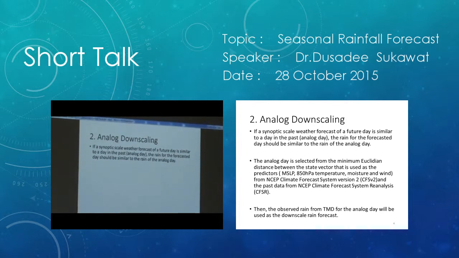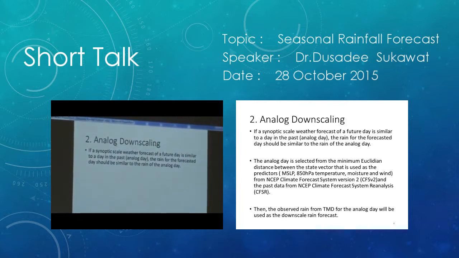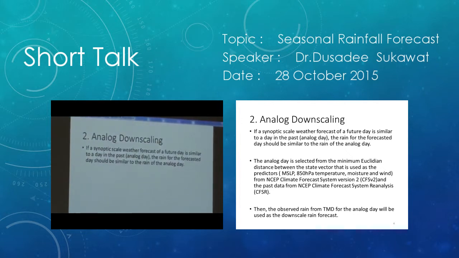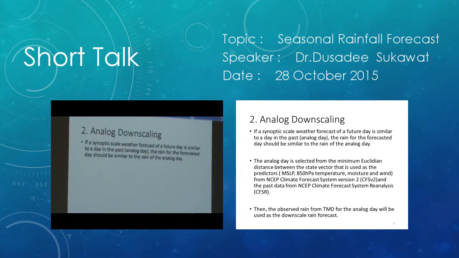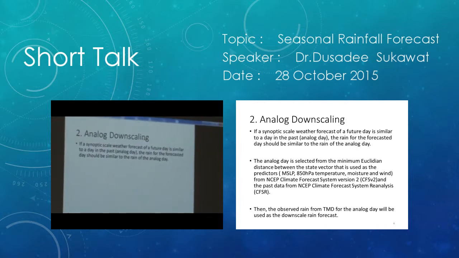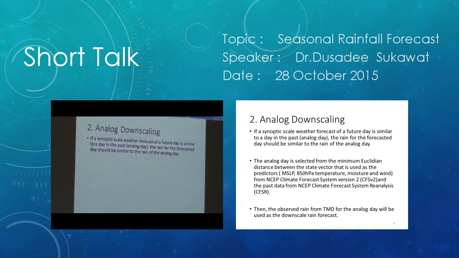It happens and then it stops, unlike temperature or humidity, which are continuous variables. Rainfall has a lot of variability in terms of quantity, timing, and area. So it is very difficult. The global climate model cannot predict rainfall very well, so we have to apply statistical methods to improve the forecast from the global climate model.